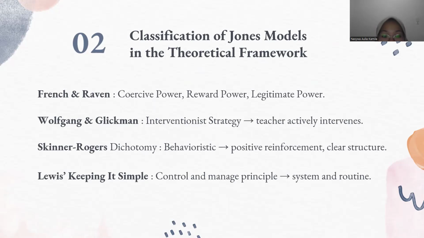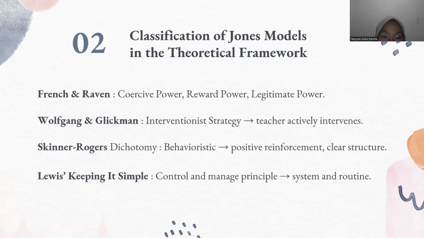And then in the Skinner-Rogers dichotomy, Jones's method is closer to Skinner's behaviorism. Skinner believed that human behavior is shaped by rewards and punishments. Similarly, Jones focused on using positive reinforcement, rewarding students for good behavior to encourage more of it, and setting clear routines so students know exactly what is expected.